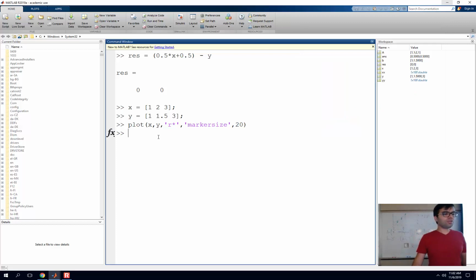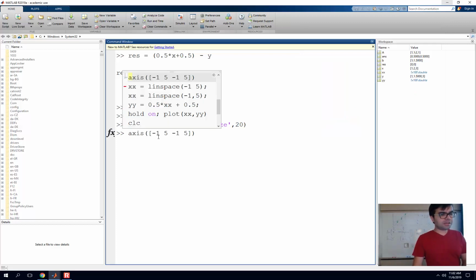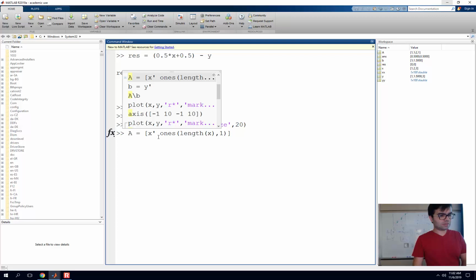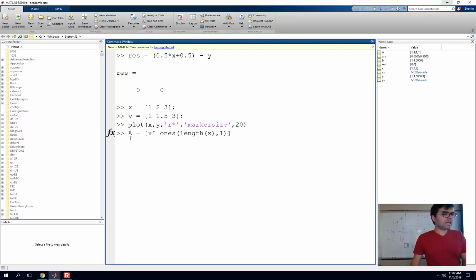Now I need to redo my A and B matrices. The formula doesn't change. It's the x values that changed. So x prime and ones of length of x comma 1. Still I'm looking for alpha and beta. Coefficient for alpha is x, coefficient for beta is 1.